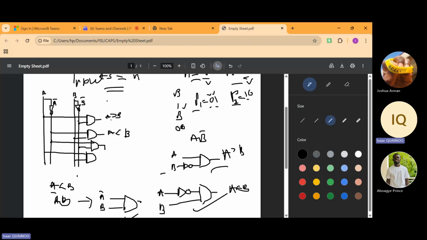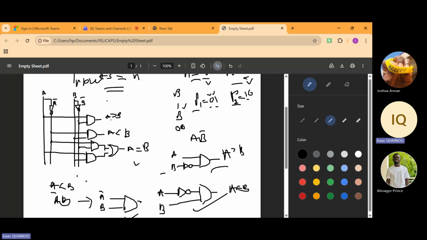So after that, we combine these two using an OR gate. And that will give us A equals B. So this is how to combine all the three circuits in one diagram.